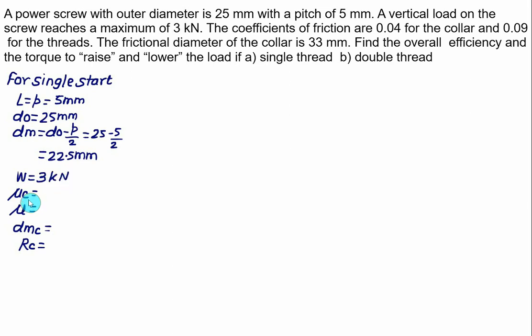Coefficient of friction for collar is given as 0.04 and for screw as 0.09. The mean diameter of the collar is given as 33 mm. So the mean radius of the collar will be diameter divided by 2, 33 divided by 2, which is 16.5 mm.